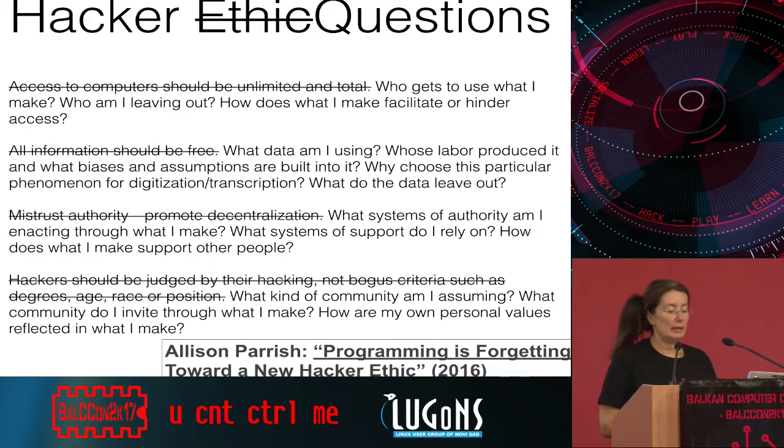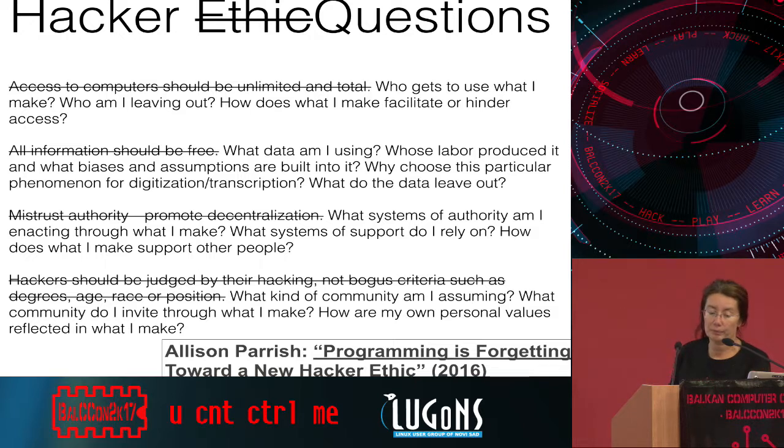And so, for example, the third one, mistrust authority and promote decentralization. What system of authority am I enacting through what I make? And what systems of support do I rely on?